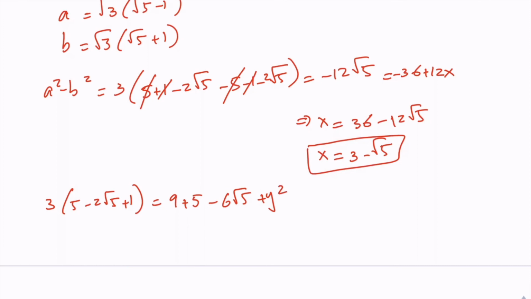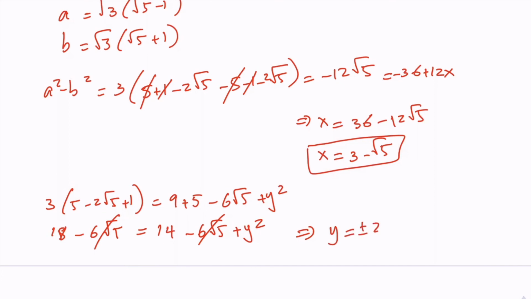And from here we get, actually this is 6, 18 minus 6 square root of 5 is 14 minus 6 square root of 5 plus y squared. So this again will cancel with this, and y of these two numbers is again plus or minus 2.